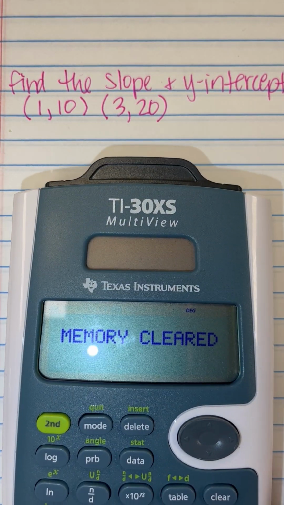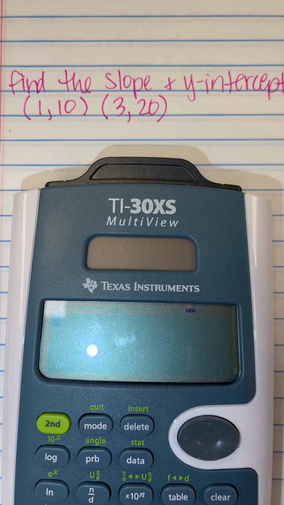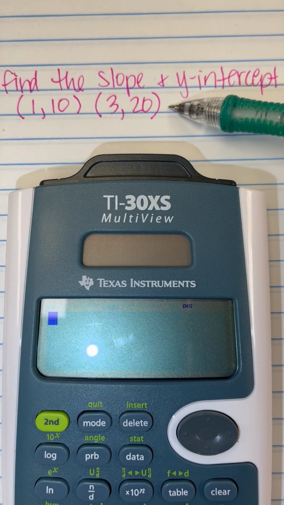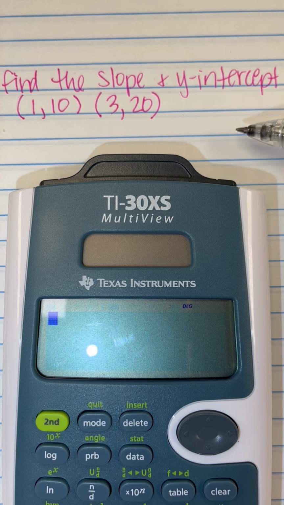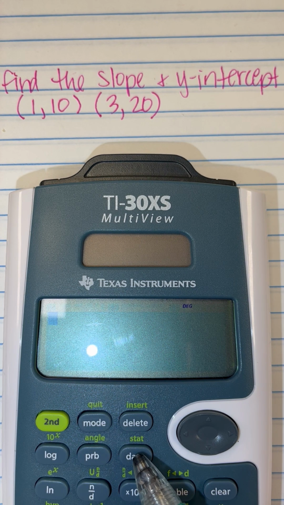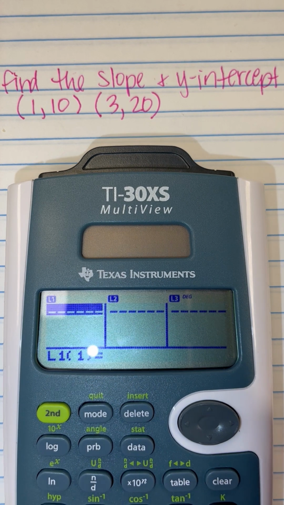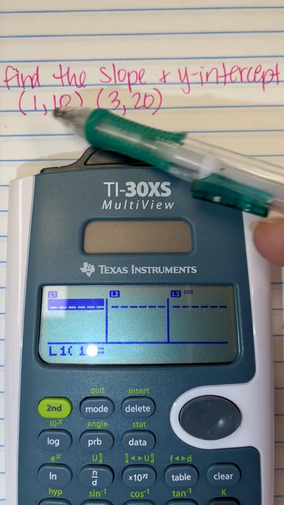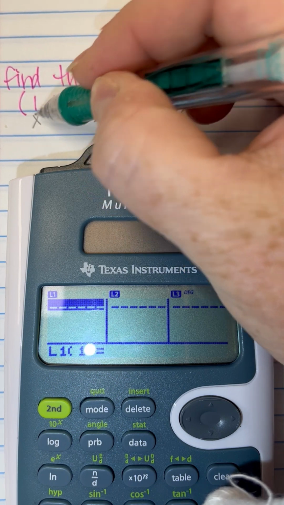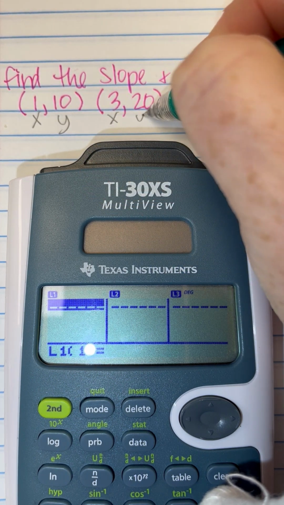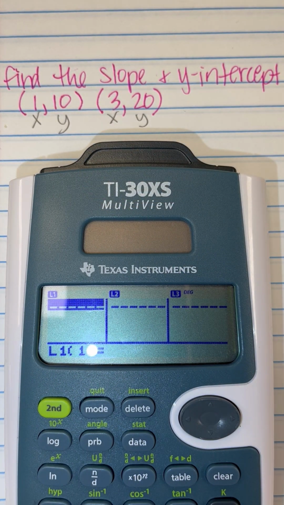Regardless of whether I have a table or 2 points, if I need the equation between points, whatever form it looks like, go to your stat button, or your data button, excuse me. Hit data. Now, is this a table? No, but isn't this x, y, x, y? Yes.